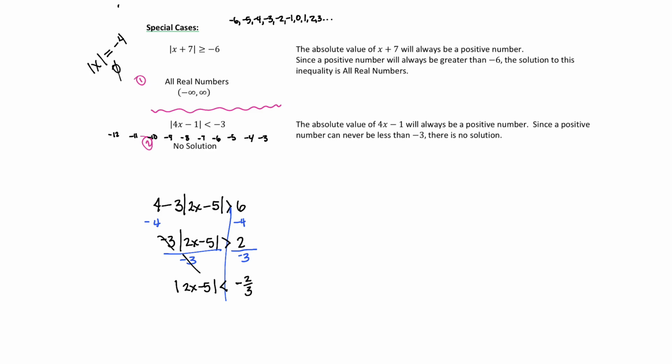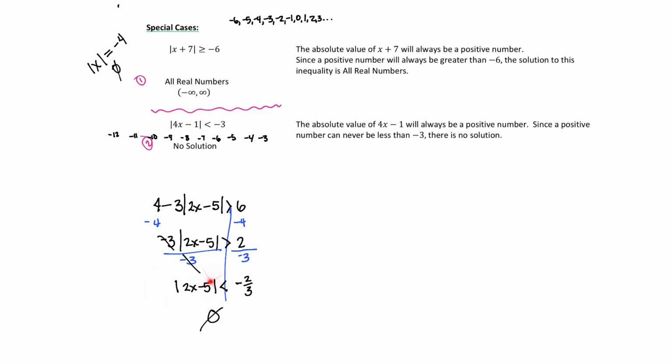Don't even need to do anything else. As soon as you get an isolated absolute value with a negative, you can solve it. Okay, this one is no solution because this needs to be positive. It's an absolute value, positive or 0, right? So non-negative, basically.